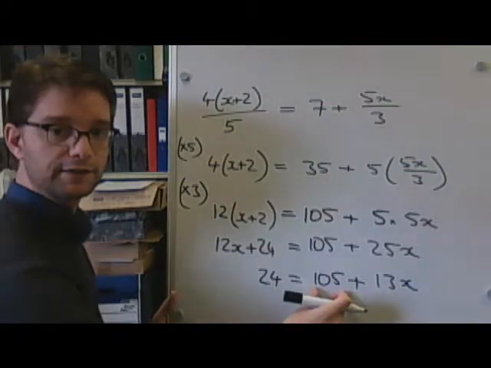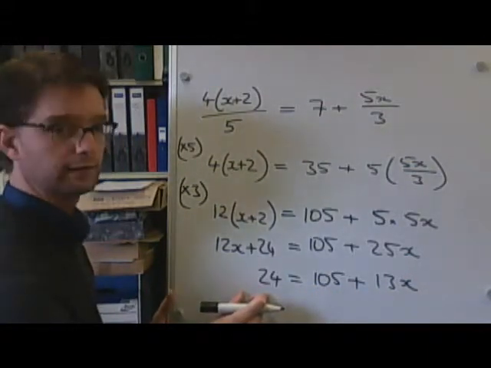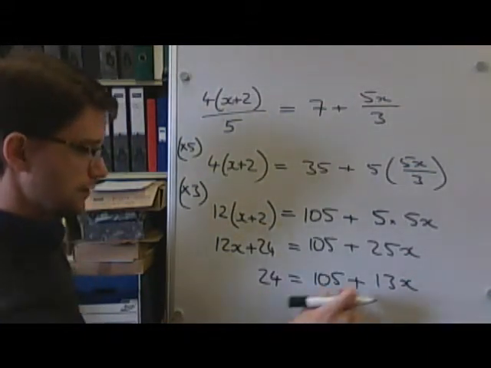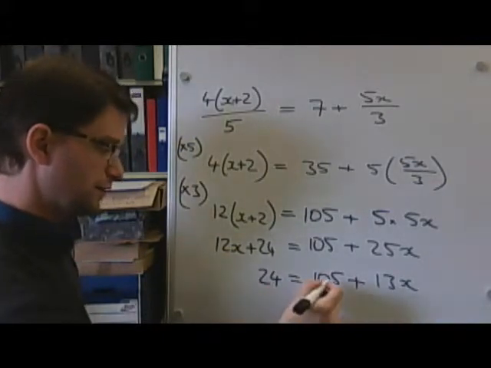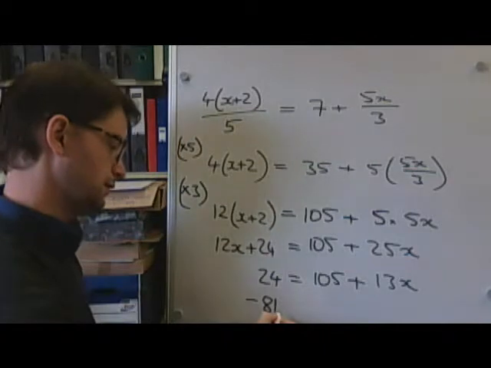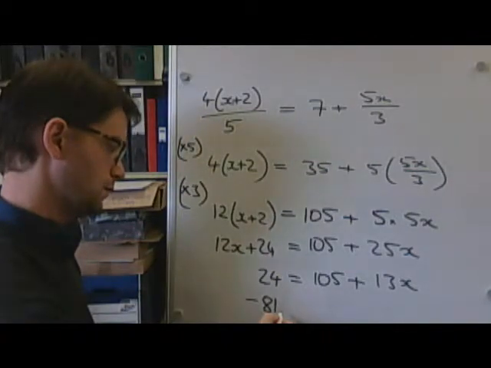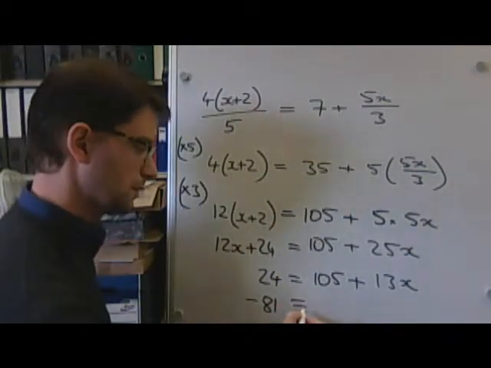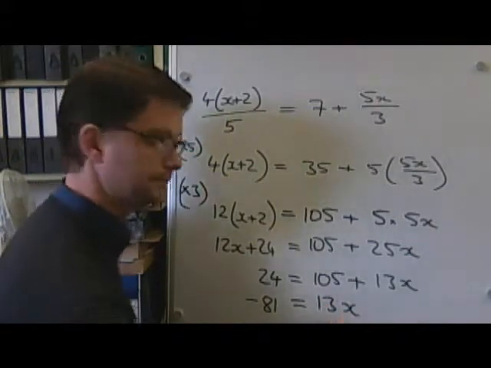I bring this back over here, running out of board space, aren't I? So 24 minus 105 is probably minus 81. Is that right? Yeah. Equals 13x.